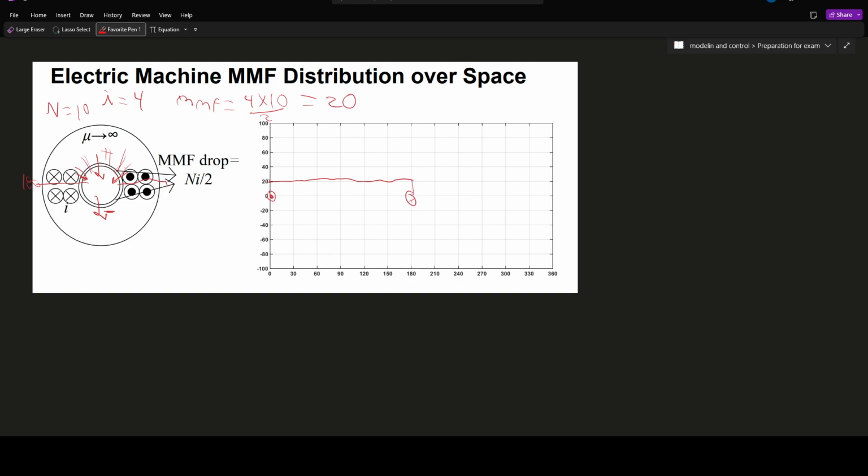So up to here, and then when we go from 180 to 360, we see that the flux is going out, so we say that the MMF is negative for the rest of the side. So this is how we are going to start calculating the MMF over space in an electrical machine.